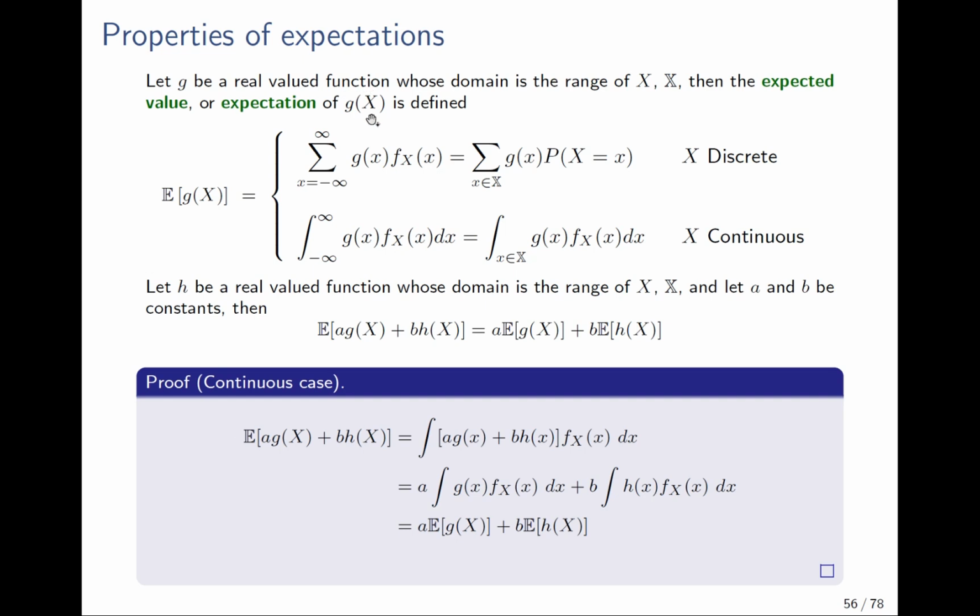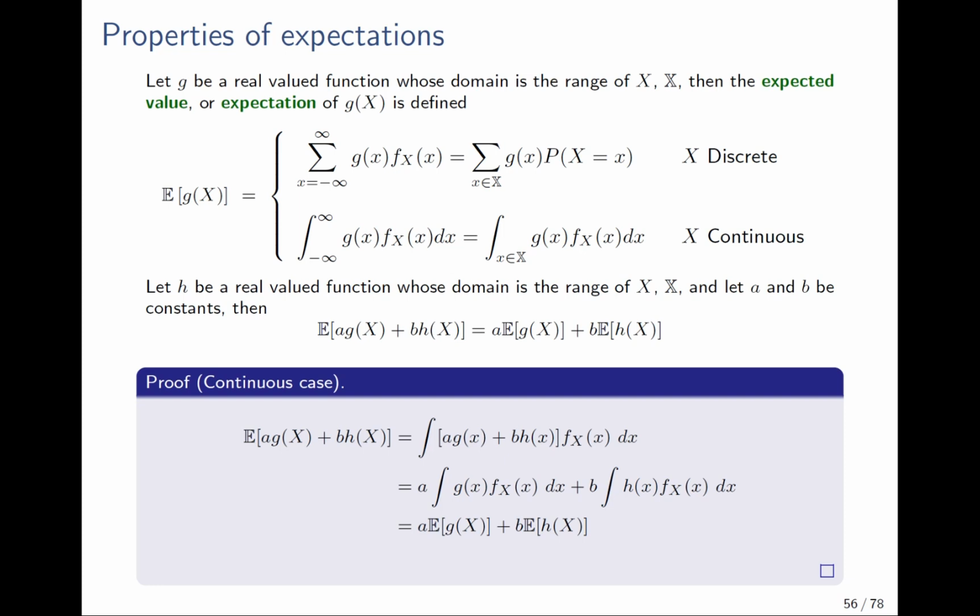If that function was the identity function, this just reduces to the random variable itself. The expectation of g of x is given in the discrete case by the sum of g of x times the probability mass function over all values that x can take, and in the continuous case, by the integral of g of x times the PDF over all possible values of x.